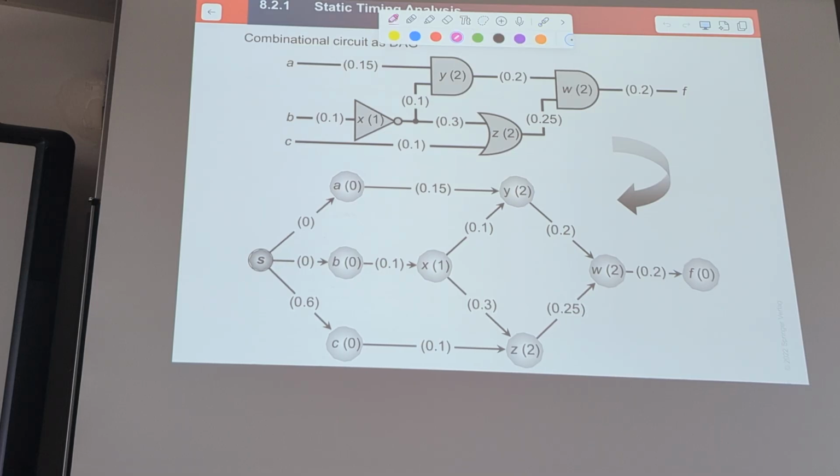This here is the gate delay, and this here is the wire delay. And you transform that to such a graph.